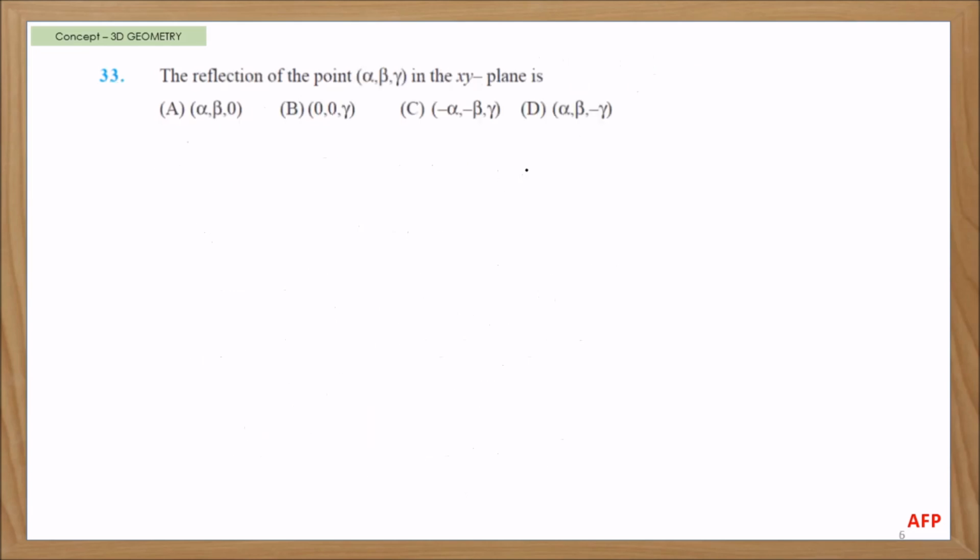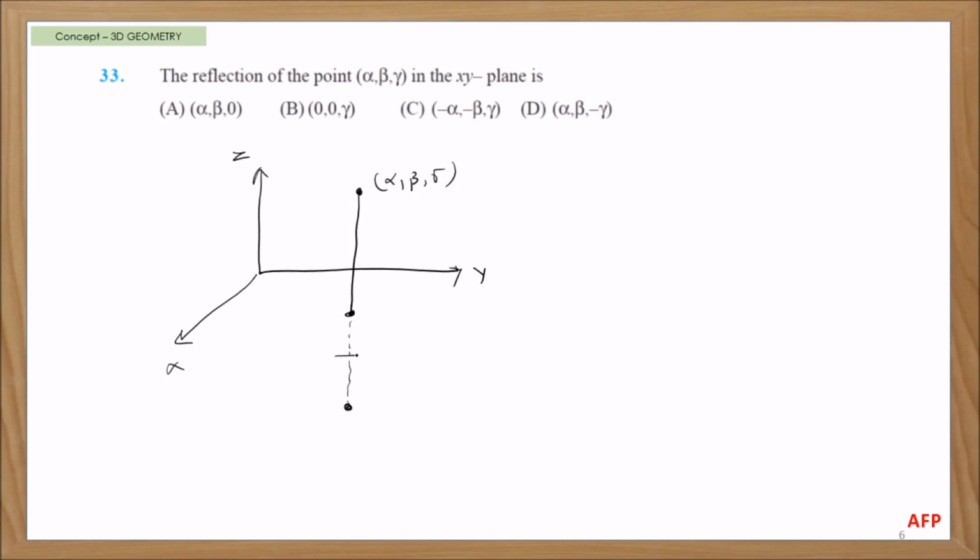Next question. Reflection of a point alpha, beta, gamma on the xy plane. Very simple, we will draw the plane, it will be much clearer for you. Here it is the xy plane, and this is the z axis. Here is the point alpha, beta, gamma. Reflection means this distance and this distance are the same.